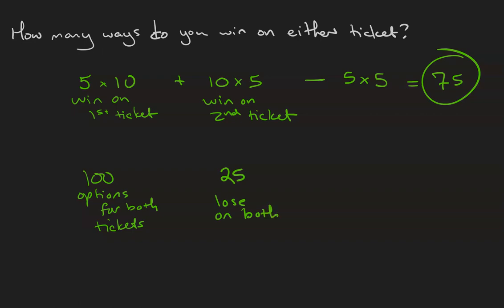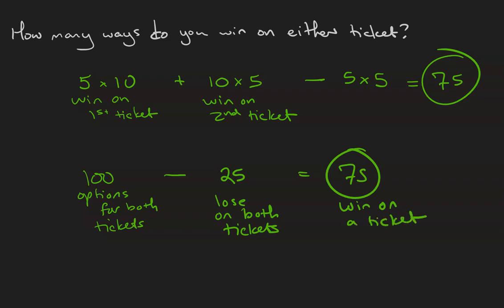Therefore, 100 minus 25 gives you 75 ways to win on a ticket. Sometimes we can count things indirectly by counting the complement.